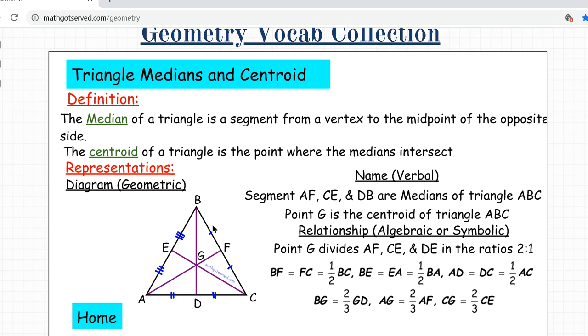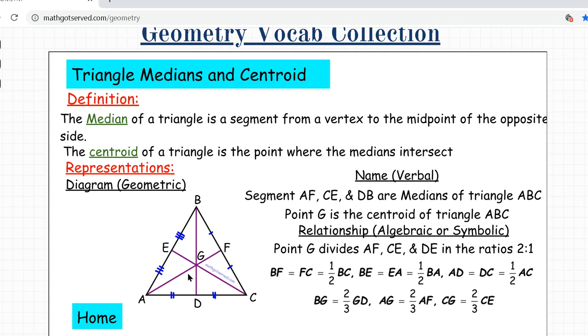So look at this triangle right here. Can you identify the 3 medians? Segments AF, CE, and BD are medians of triangle ABC. Why? Because they go from a vertex to the midpoint of the side opposite that vertex. And you notice the relationship as a result of this special property.